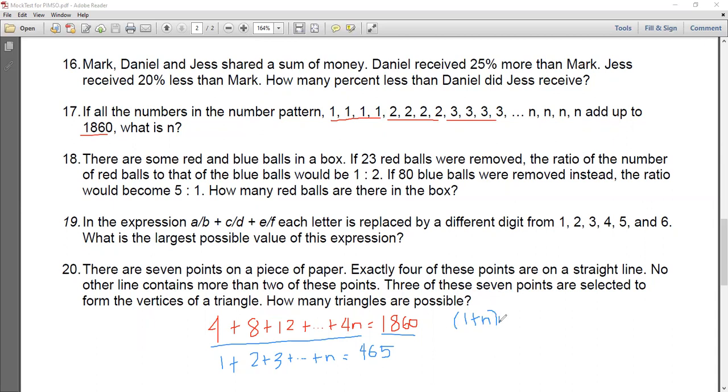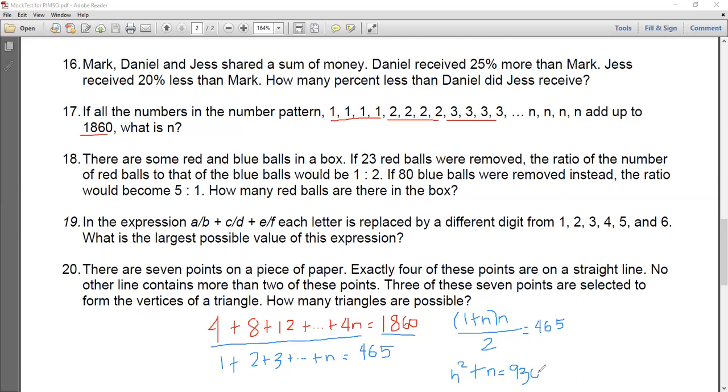So that is also n divided by 2. And this will be equivalent to 465. So we can solve this using quadratic. So in this case, our numerator now will become n squared plus n is equal to 930.